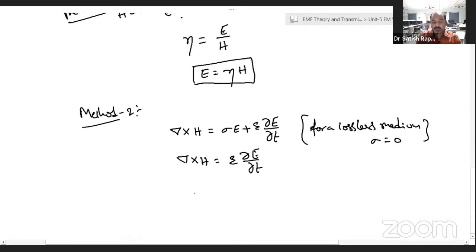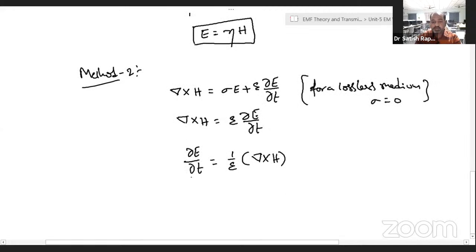From this we can write dou E by dou t is equal to 1 by epsilon del cross H, and E is equal to 1 by epsilon integral del cross H dt.